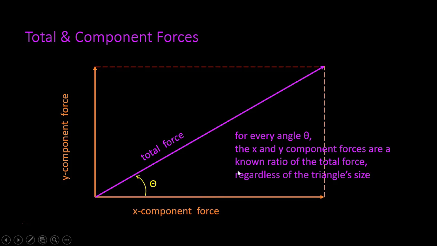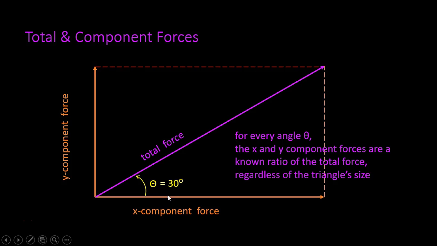However, they would be the same ratio compared to the total force as in this larger triangle here. So it's a known ratio based solely on this angle theta. Doesn't matter how strong the total force is, the x and y components will be a fixed ratio based on the directional angle theta. So let's take a look.